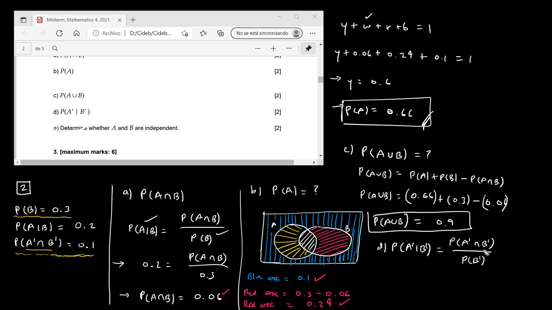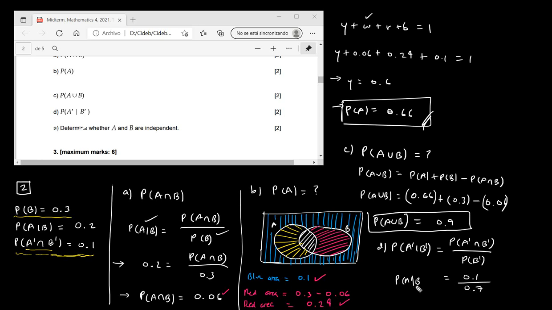So it's just this division. Do I have this value? Yes, it's 0.1. Do I have the probability of B prime? Yes, because I know the probability of B, so it's pretty simple. It's going to be 0.7, and that's it.